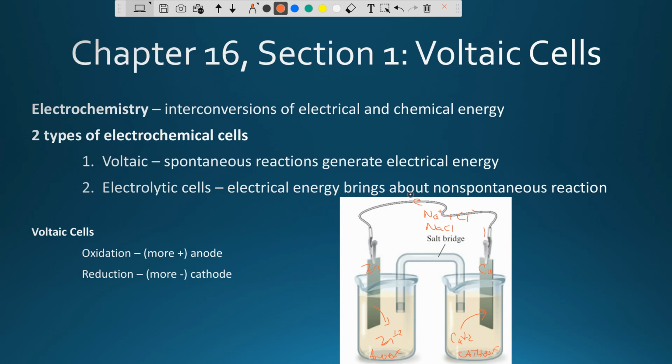In fact, we could put a little voltmeter on here and measure those electrons as they're going. Now remember that the zinc itself is going to be losing electrons along the way. It's going to become more positive. Where are those electrons going? Well, they're going up this entire wire, and they're going down into my copper.